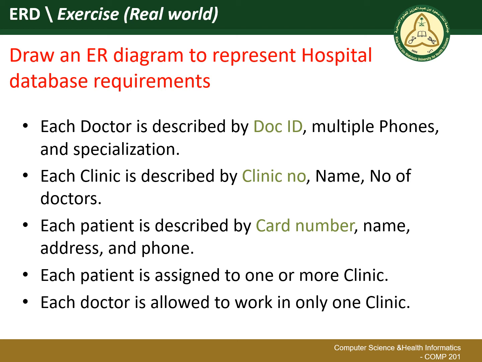Each clinic is described by clinic number, name, and number of doctors. Each patient is described by card number, name, address, and phone. And the relationships between the entities here: each patient is assigned to one or more clinics. Each doctor is allowed to work in only one clinic.